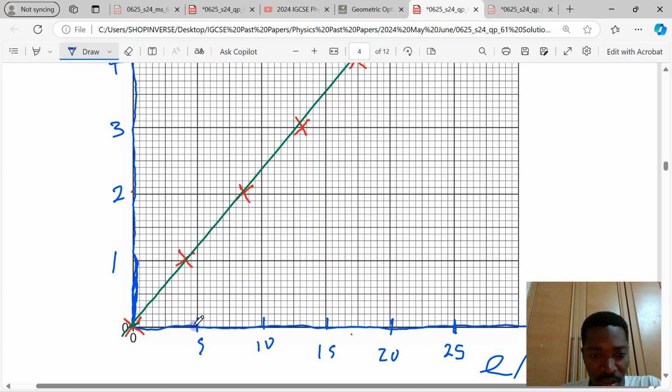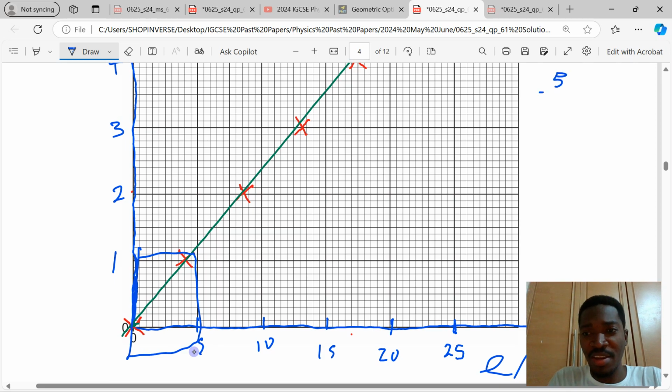So I came here. If this is 5 and there are 10 divisions here, this big box on the x-axis is 5. If I divide 5 by the number of smaller boxes, I will have 0.5 centimeters.